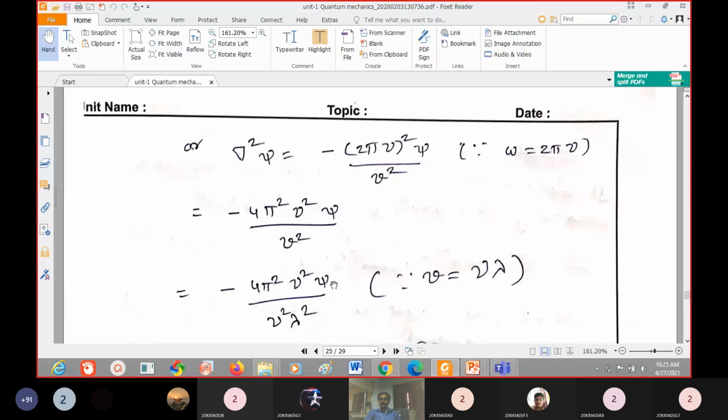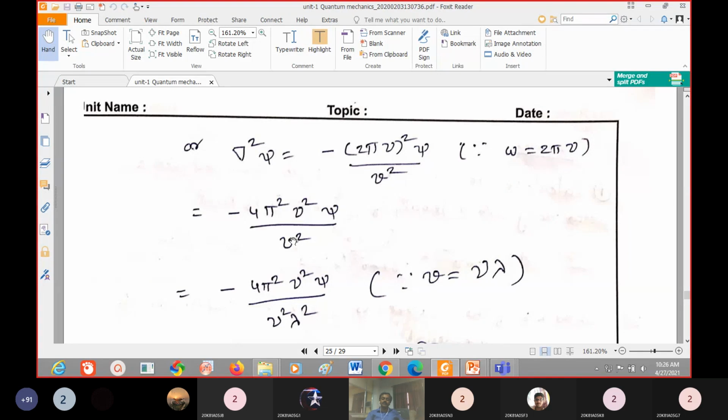Now we know that frequency can be written in terms of lambda. Here v is the velocity and nu is the frequency, don't confuse it. Below one is v square, v means velocity; nu means frequency.